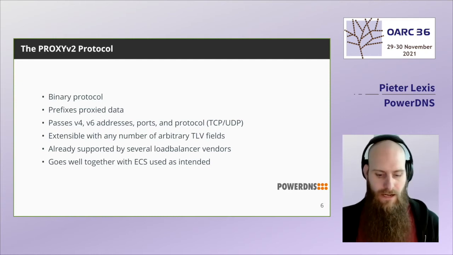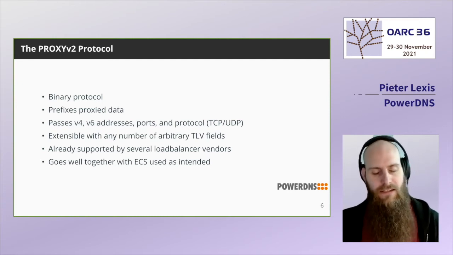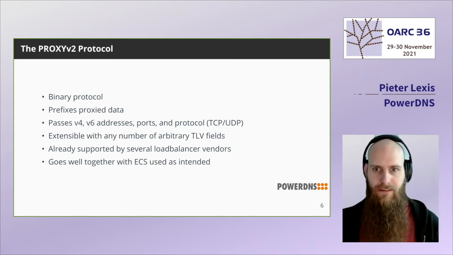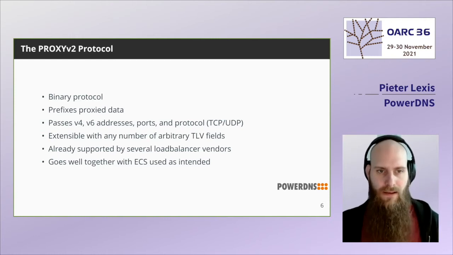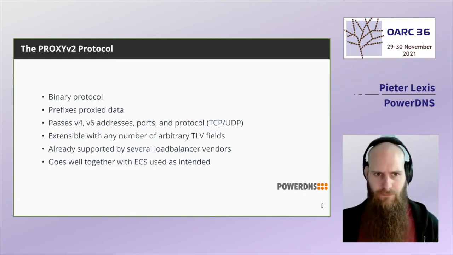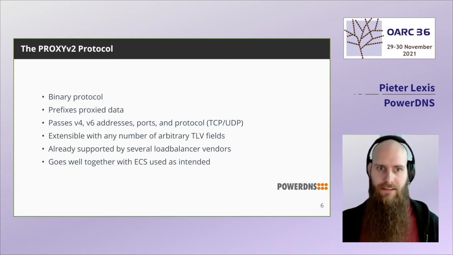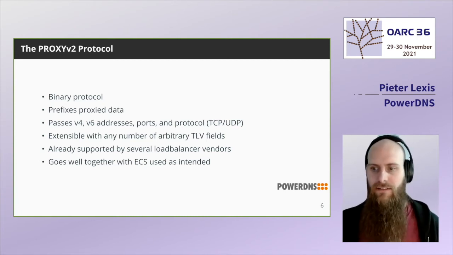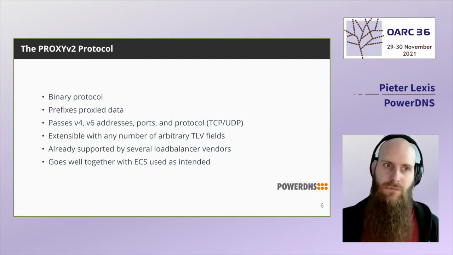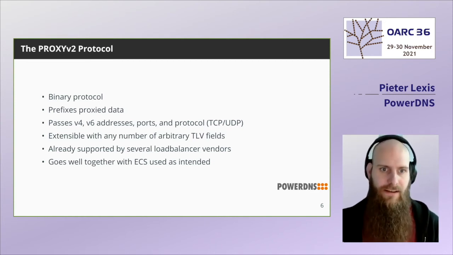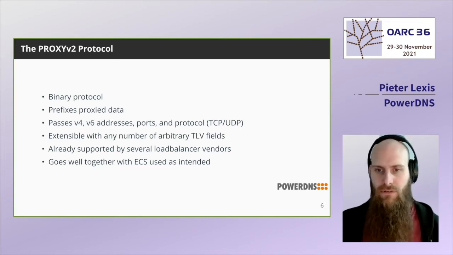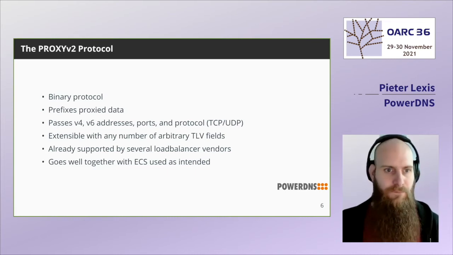So this is why for PowerDNS, DNSDist, we have implemented the proxy v2 protocol, and we hope, of course, other implementers will do this as well. This is a binary protocol that prefixes the data that is being proxied, and it only lives between the proxy and the backend. The backend does not even respond with prefixed data. It can pass IPv4 and IPv6 addresses, ports, and protocol like TCP and UDP.